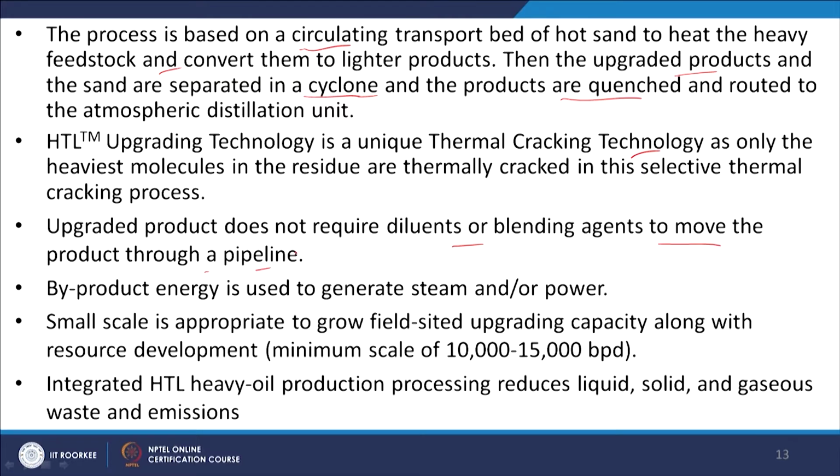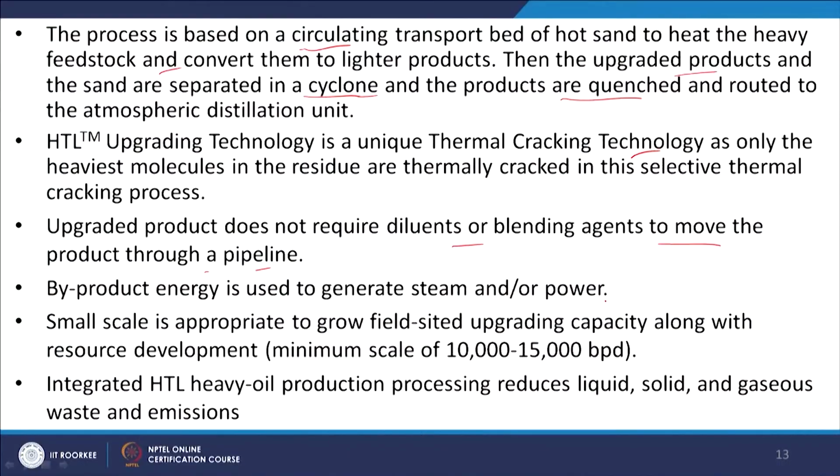So, now the synthetic crude we are getting has lower viscosity than the feedstock, and it does not need any diluent. That is one great advantage for well site processing of the heavy crude, and the byproduct energy can also be recovered.